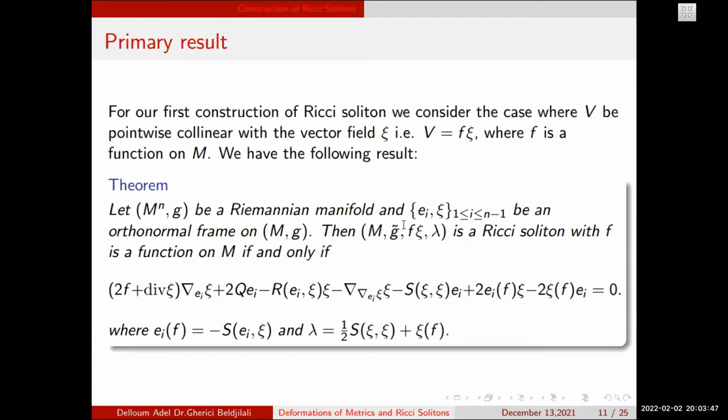After direct computations, we obtain our first result. Now notice that if f is constant, then the constant lambda is strictly positive, which means that the soliton is shrinking. Okay. Now to illustrate our claim, we give the following example.